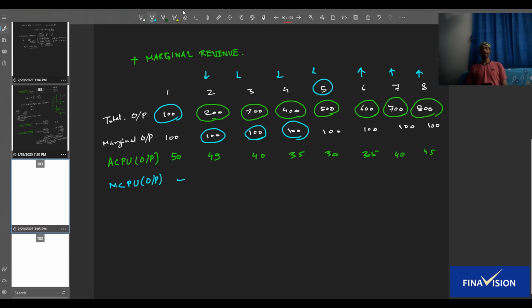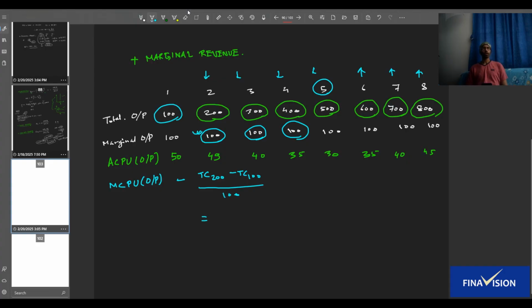So the first one, we will keep it at that. The second one, by adding the first 100, the marginal cost addition was total cost at 200 units minus total cost at initial 100 units divided by 200 minus 100, which is 100.